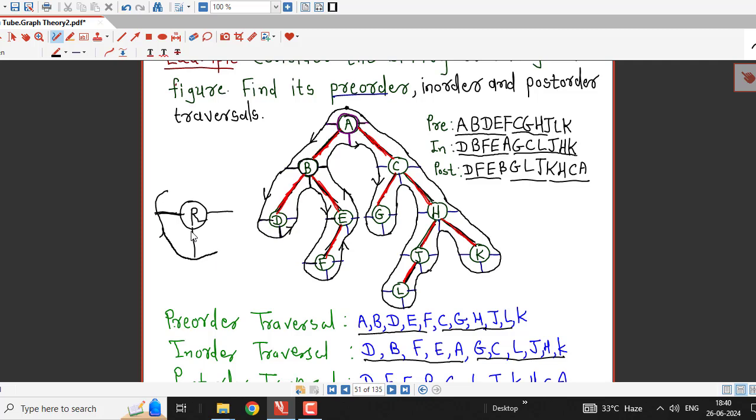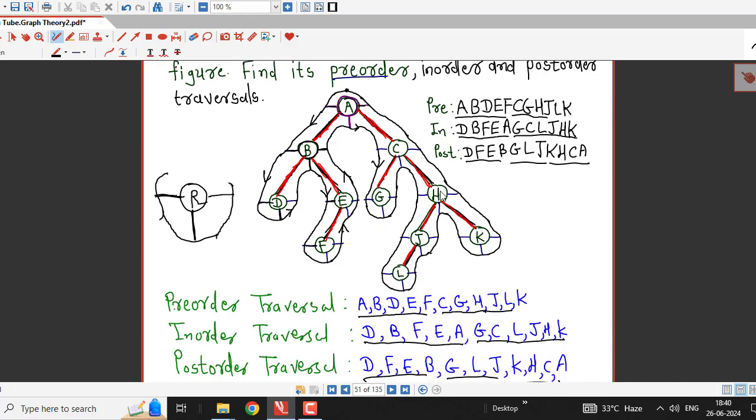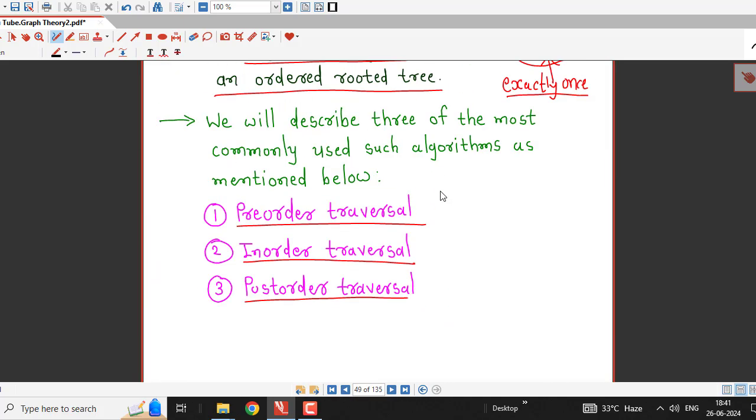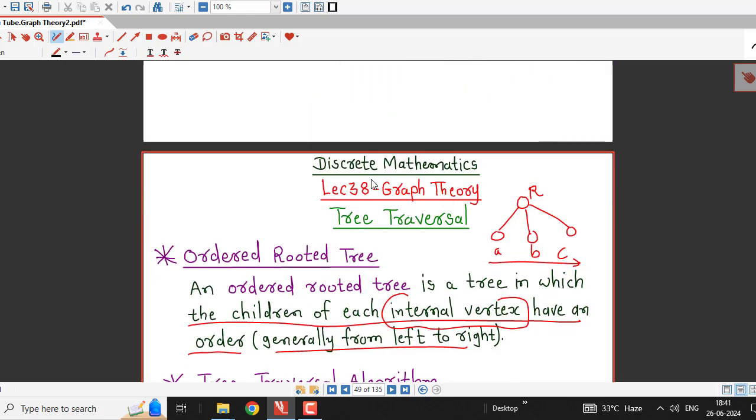Whenever the closed curve is touching this line, I will write capital R in in-order traversal, and whenever the closed curve is touching this line, I will write capital R in post-order traversal. So in this way we can find out pre-order, in-order and post-order traversal of a given rooted tree.